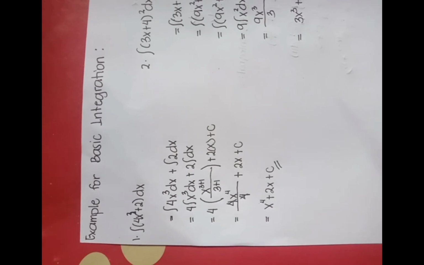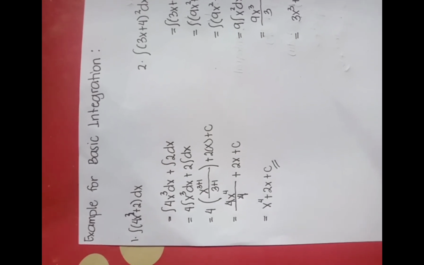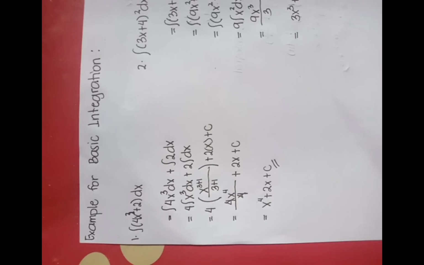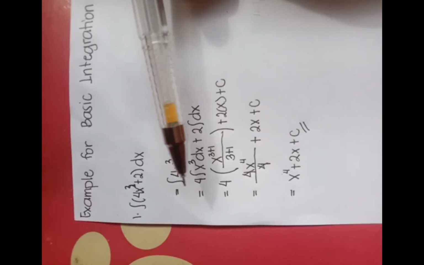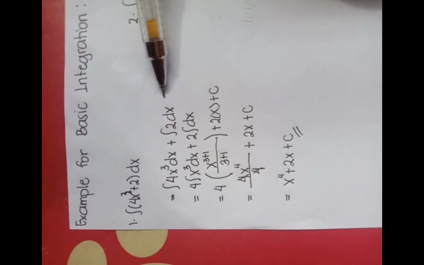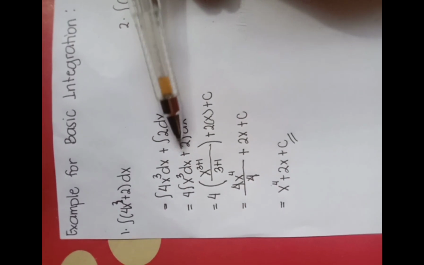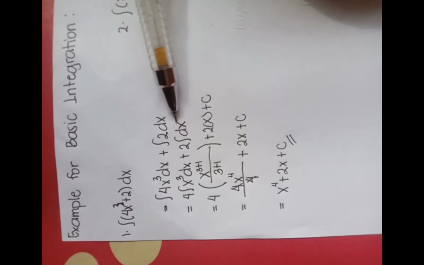Now, let's proceed to the example of basic integration. Number 1, integral 4x cubed plus 2 dx. So, integral 4x cubed dx plus integral 2 dx. 4 integral x cubed dx plus 2 integral dx.